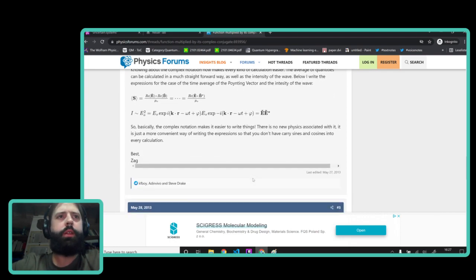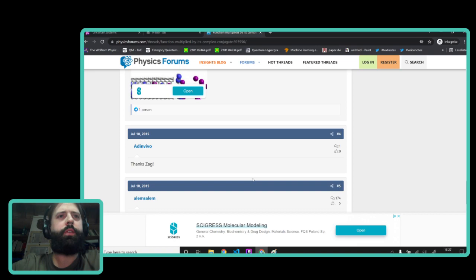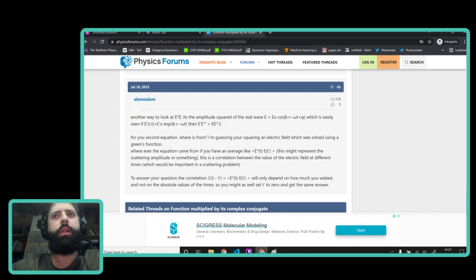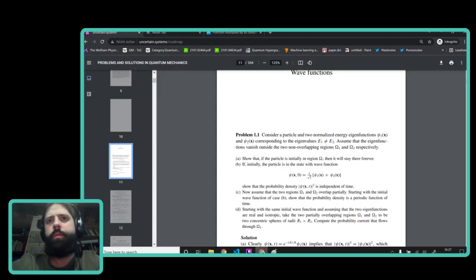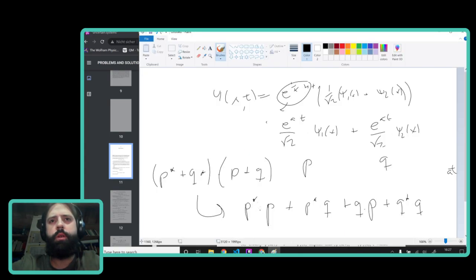Because I think in this case it's normalized, right? What that would give you is the inner product, so it would give you the overlap, right? It's not the same, so I'm not so sure.